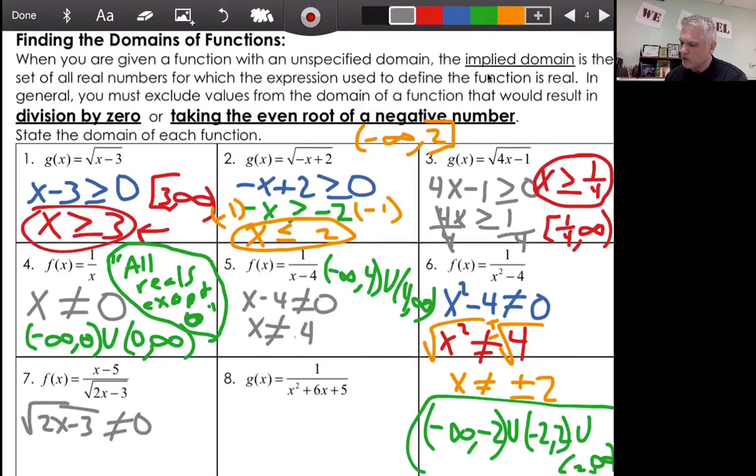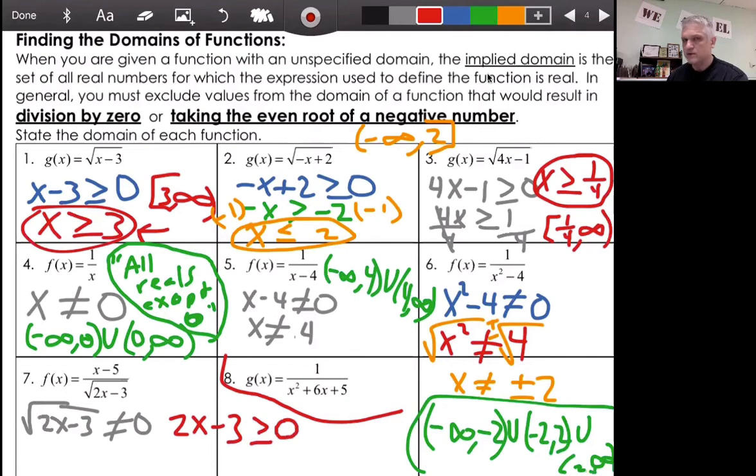I also know that there's a square root here. The square root tells me that that radicand, just the 2x minus 3, if we think back to questions 1, 2, and 3, that 2x minus 3 has got to be greater than or equal to 0. Okay?